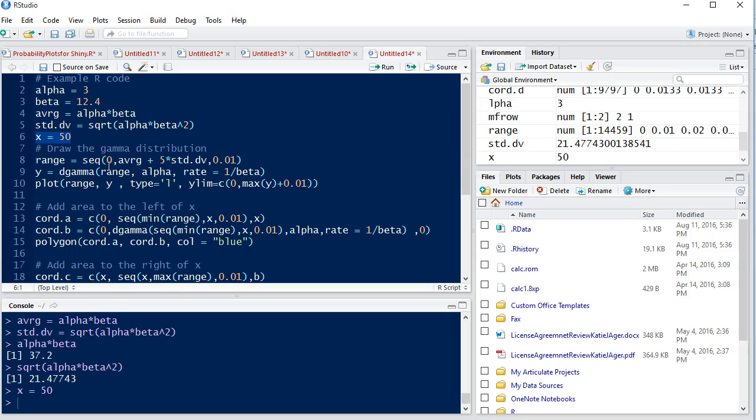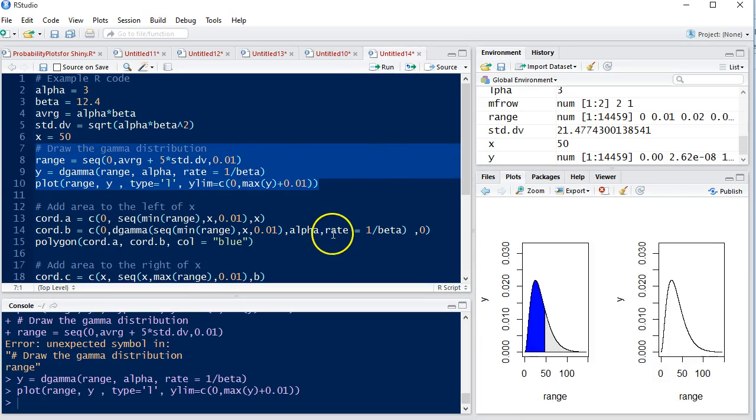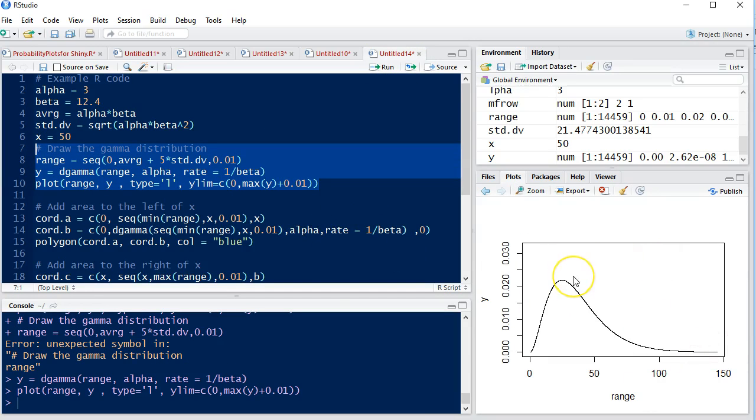And so that is what this upper bound is. Now this dgamma will give me the density for each value of the range, and this will then draw my graph. By plotting it, I will be able to see the gamma distribution. Whoops, one more time. I can then see the gamma distribution with an alpha of 3 and a beta of 12.4.